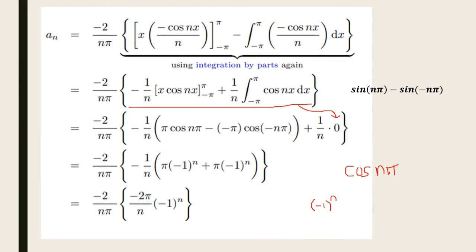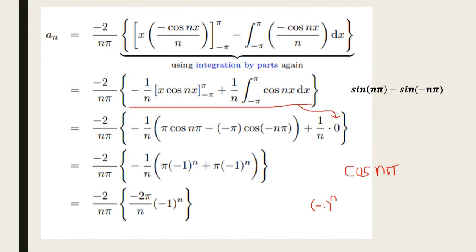Negative pi is just equal to negative 1. It's the same because negative pi, converted to degrees, is negative 180 degrees, which results in negative 1.